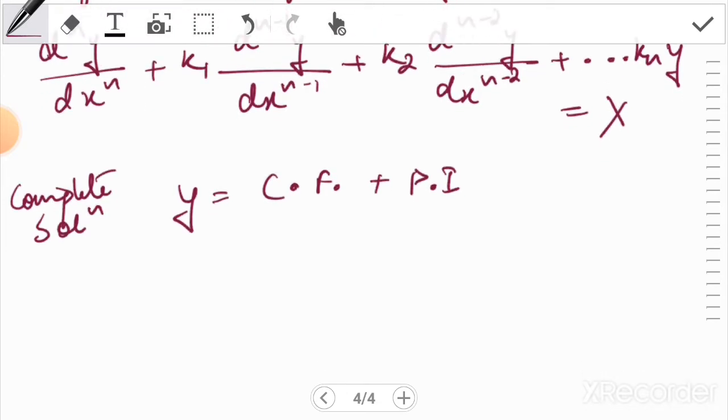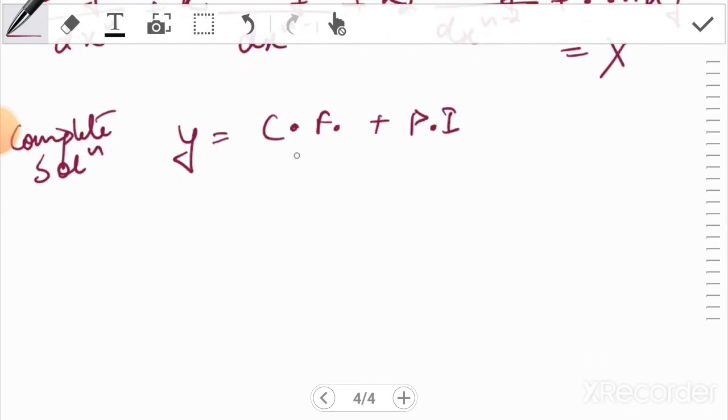Okay. So in order to solve questions relating to linear differential equations of nth order and first degree, we have to first find the complementary function, and then the particular integral, the particular solution.